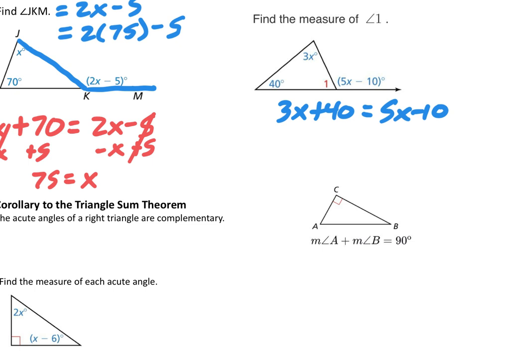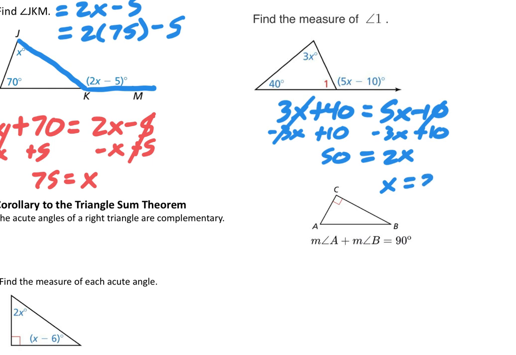And then we're going to solve. We've got to get our x's on the same side. I kind of combined two steps into one here, so I'm going to bring the x's over here. And then we divide by 2.